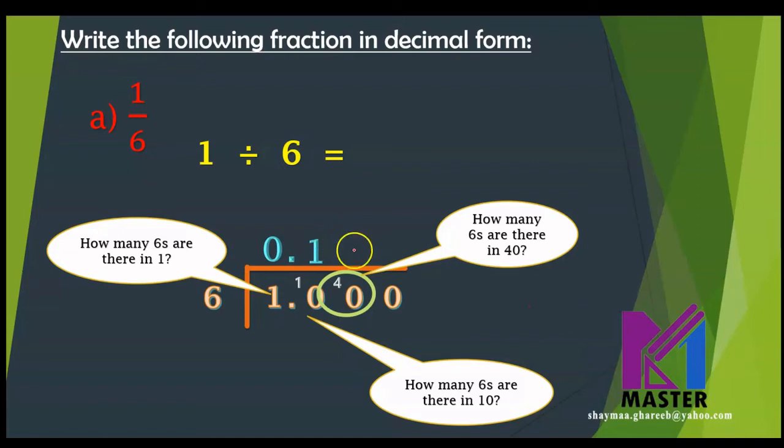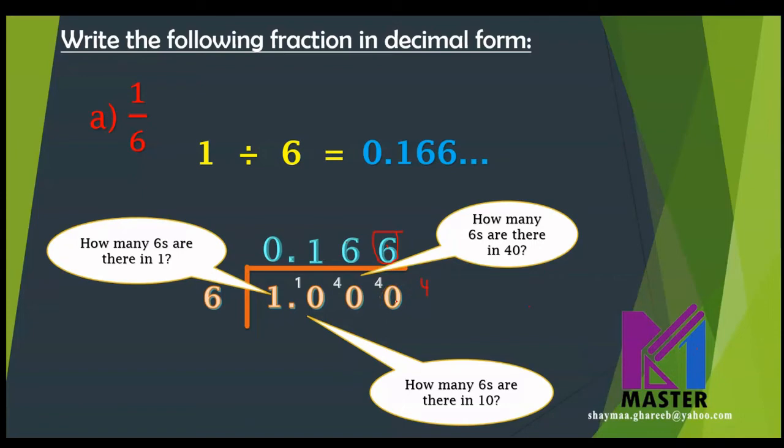Then I will write the remainder here. So let's write it. As you can see. Now I will do the division one more time as usual. 40 again divided by 6. The answer will be the same, the 6, and the remainder 4.